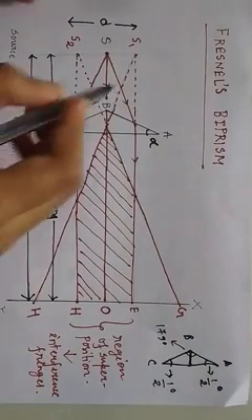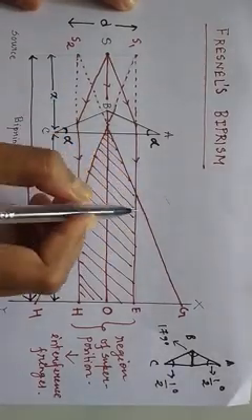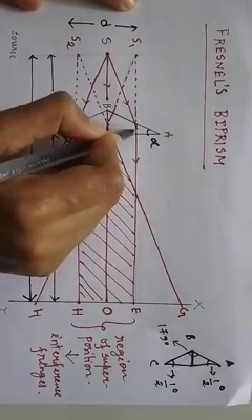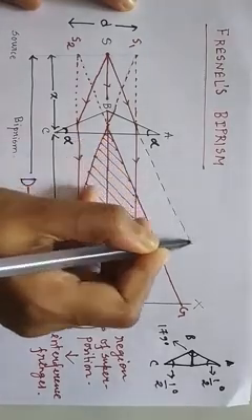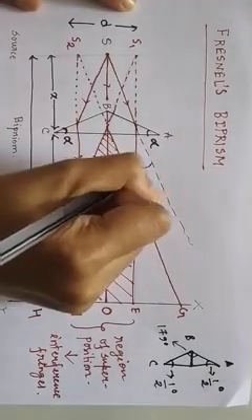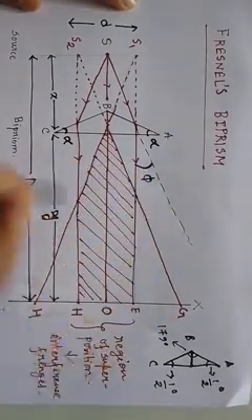This ray should have gone along this line, but now it has deviated towards E by an angle, suppose phi.